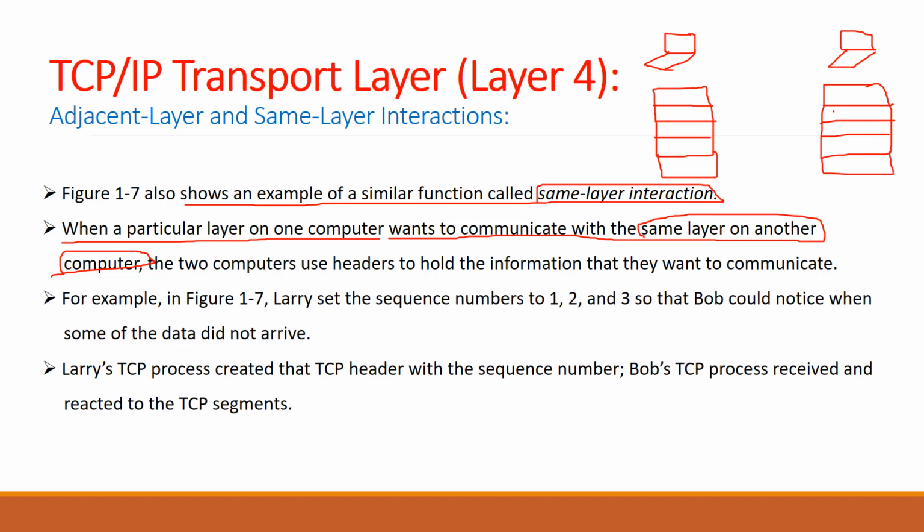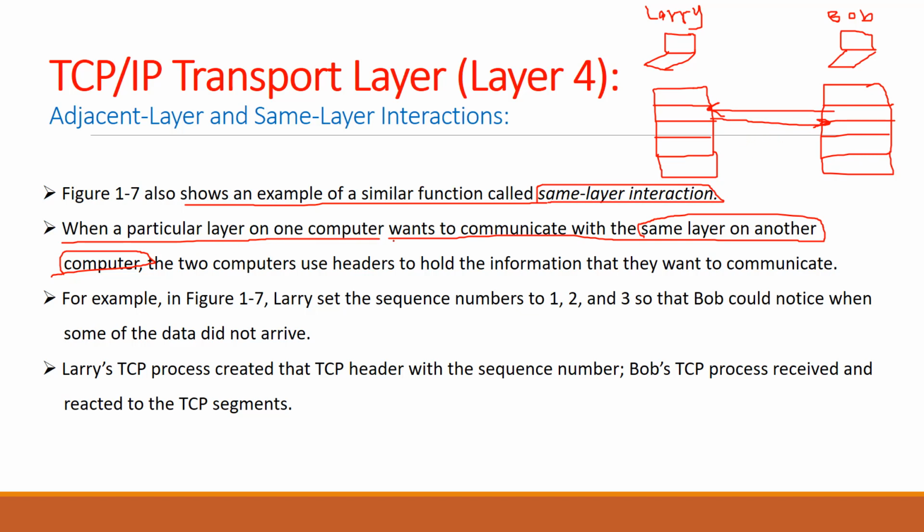Here is Bob, by the way, and here is Larry. When we saw the transport layer at Bob's computer sending to Larry, telling him please send me the lost or missing part of the website content with sequence number 2, and then the transport layer replied with this part, this is called same layer interaction.